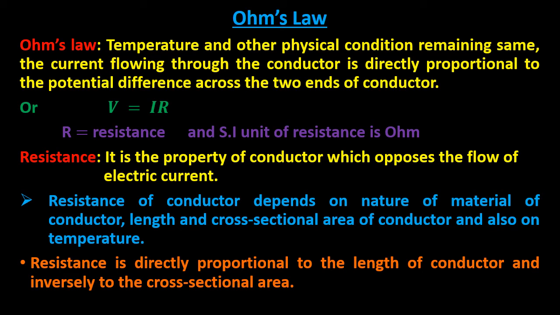Resistance is directly proportional to the length of the conductor and inversely proportional to the cross-sectional area. So if the length of the conductor increases, then the resistance will also increase, and if the cross-sectional area increases, the resistance will decrease.